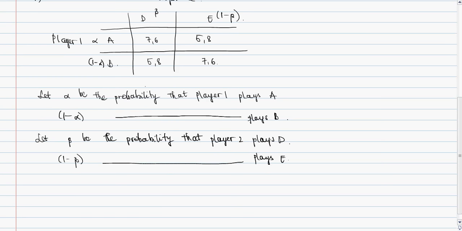So that's the probability corresponding to each of the strategies for each of the players. So we just have to find the values of alpha and beta.